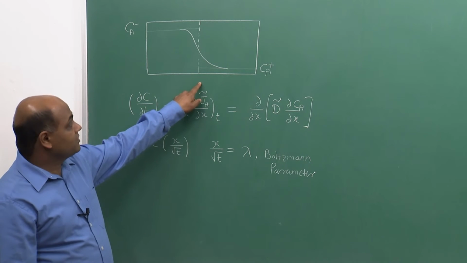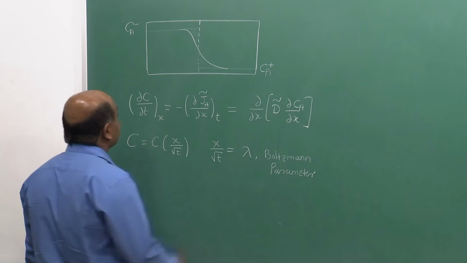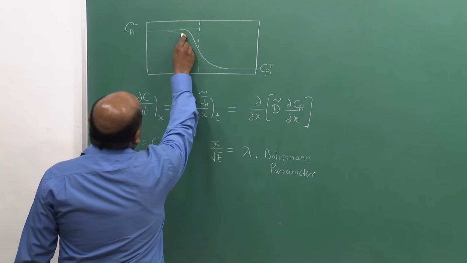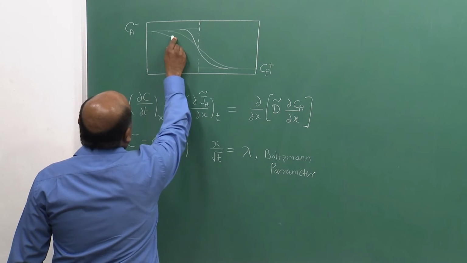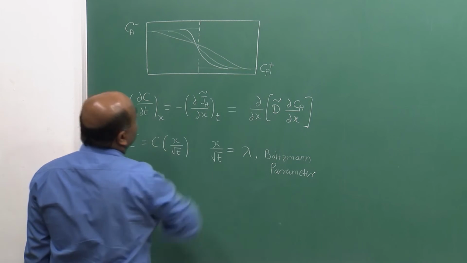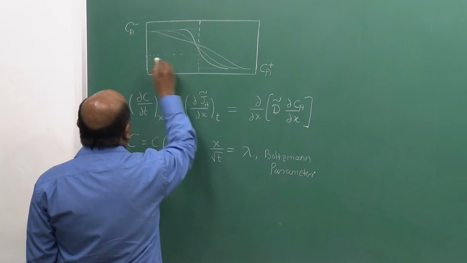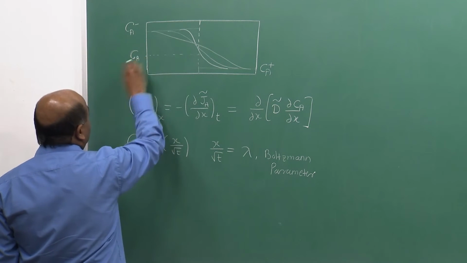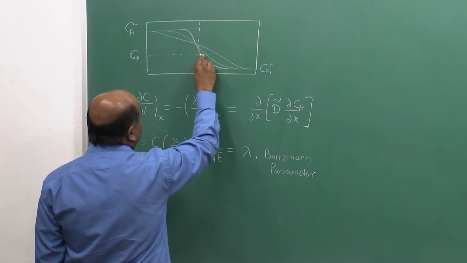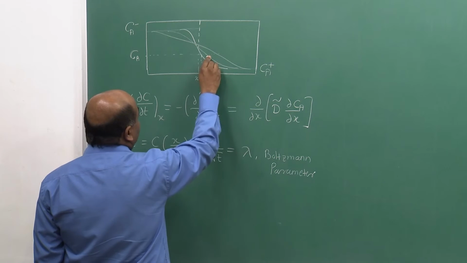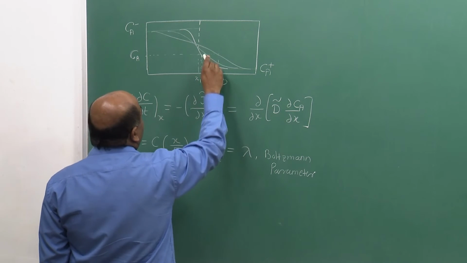If we anneal the same diffusion couple at the same temperature, let us say for 3 different times, we will get different composition profiles like this. If we track any particular composition plane, let us say C A here, and its position at 3 different times in the diffusion zone, let us call those x1, x2 and x3.